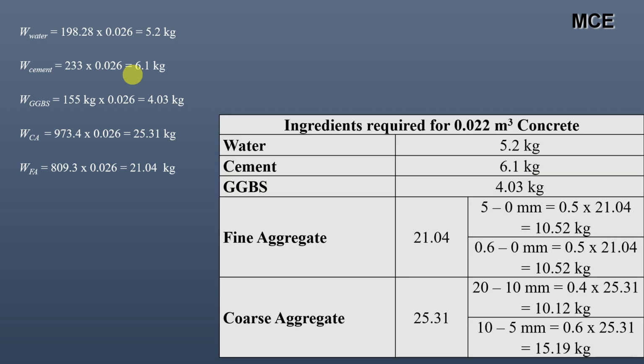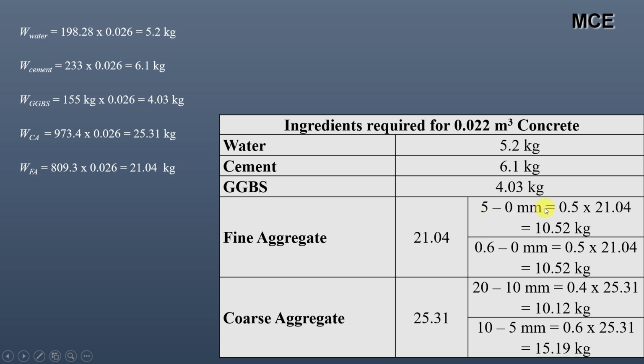Okay, so you can see the final ingredients required for our 0.026, sorry, this is 0.026 cubic meter of concrete. So weight of water required is 5.2 kg, weight of cement required is 6.1 kg, weight of GGBS is 4.03 kg. Fine aggregates total required is 21.04 kg.